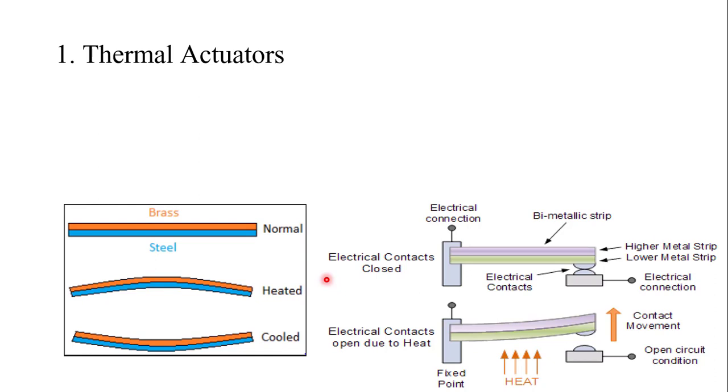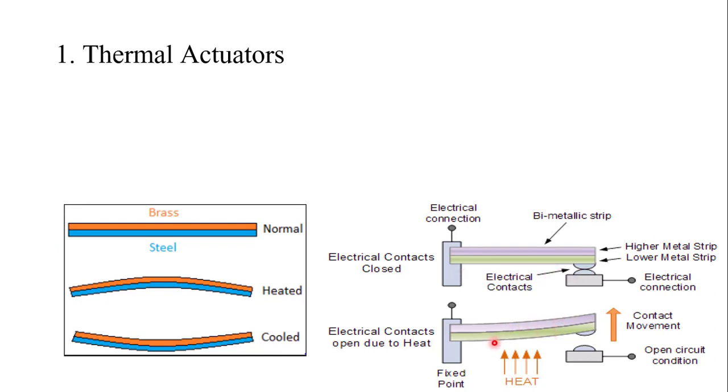Thermal actuators are nothing but your bimetallic strip. Everybody has seen a bimetallic strip. If you haven't, just check your iron, with which you iron your clothes. After some time, when it gets heated up, your iron stops consuming energy. How does it happen? This is through the thermal actuator, where we use the bimetallic strip. As you can see, two different materials are joined together here, and the connection is made.